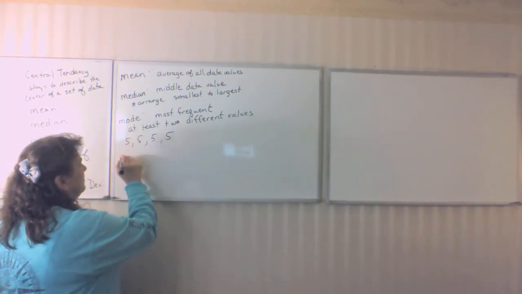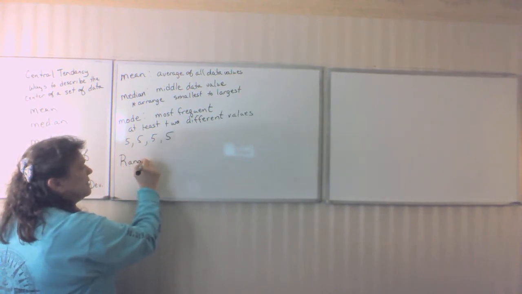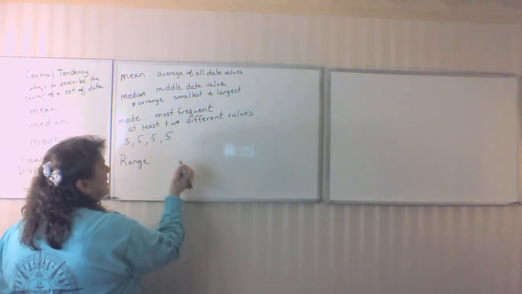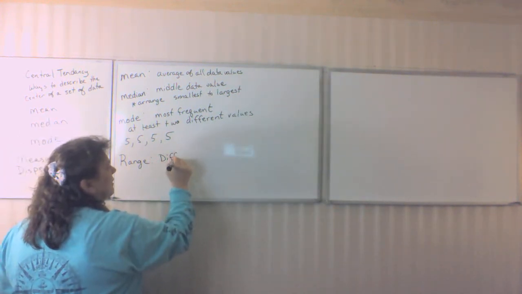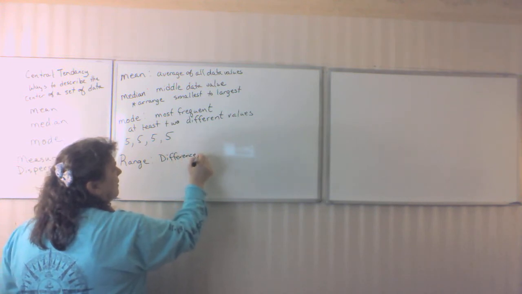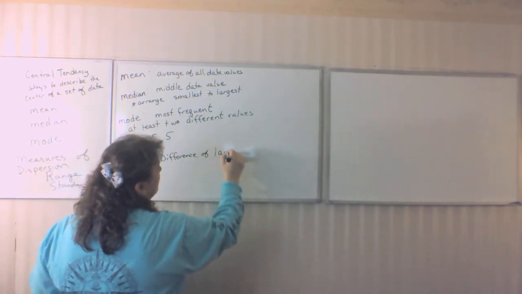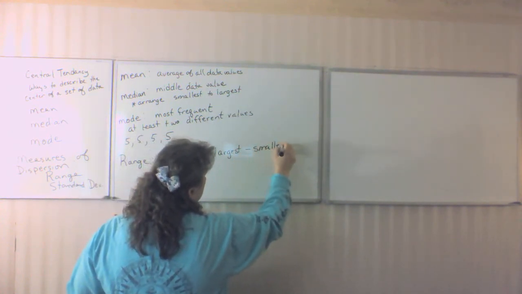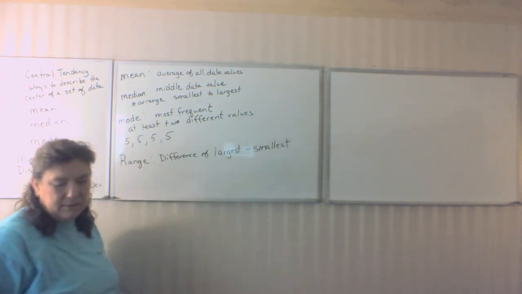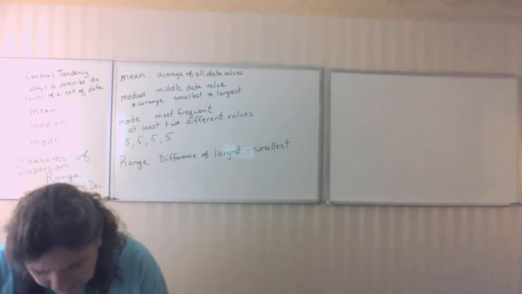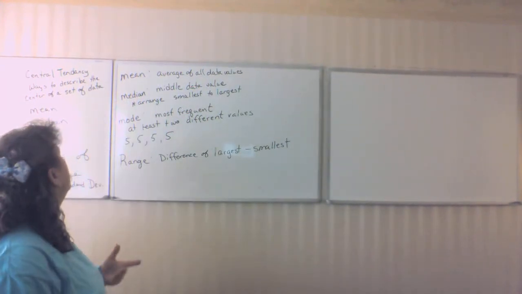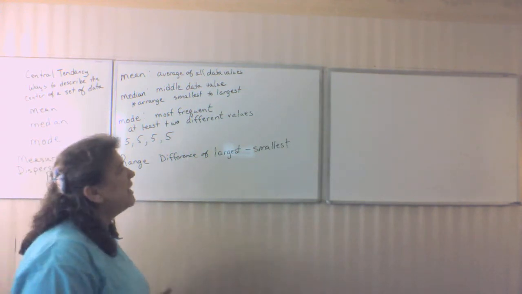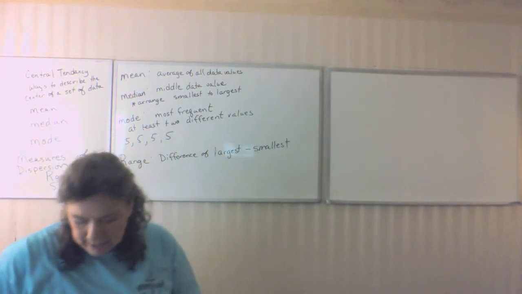So the range, which is a dispersion, in other words, how far apart is it? And so the range is the difference of largest minus smallest value. How big is it? So that's the measure of dispersion and the three measures of central tendency that we're going to do. So let's look first at a small set of data and start figuring it out.